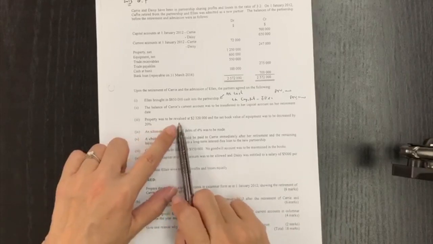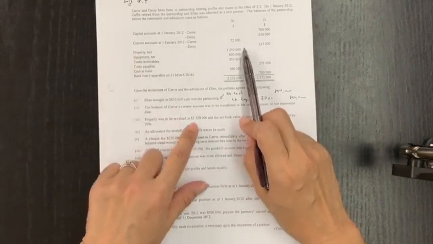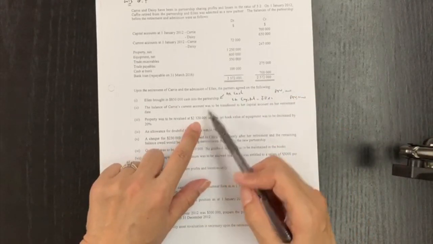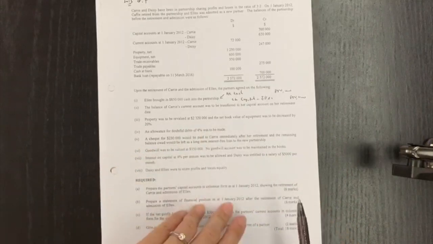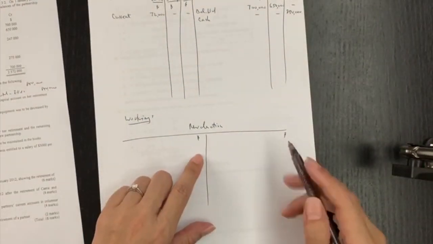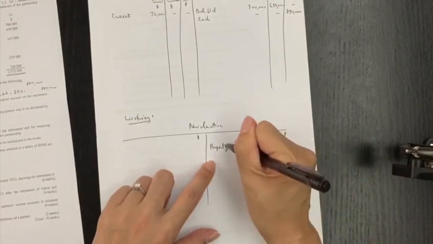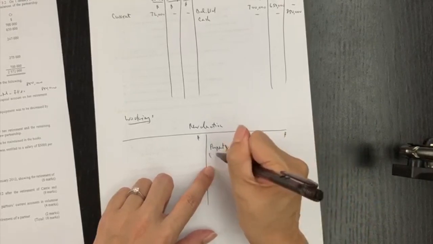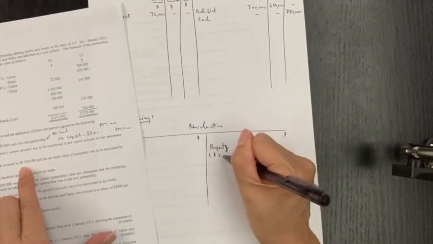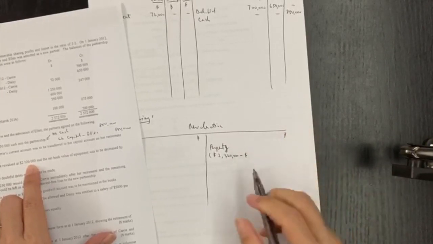So property was revalued at this much. We need to compare property. This is the old value, and this is the new value. That means we have to increase property by credits here, revaluation account, because of property. Okay, so how much is the change? The change will be the new value, which is 2,320,000 minus the old value.